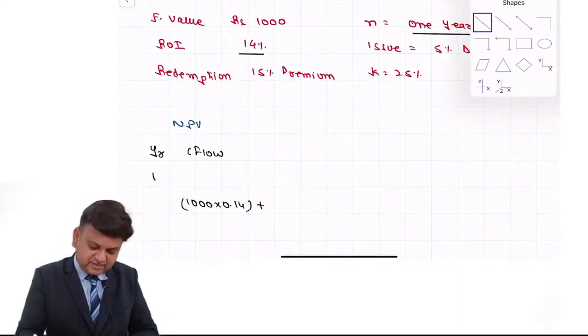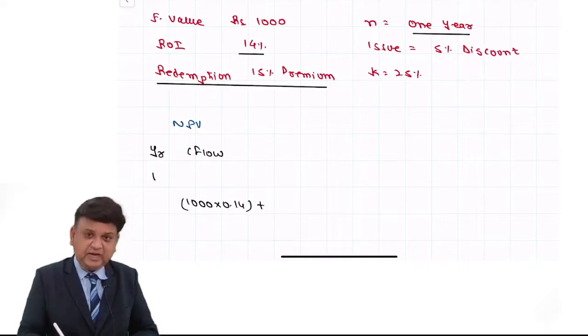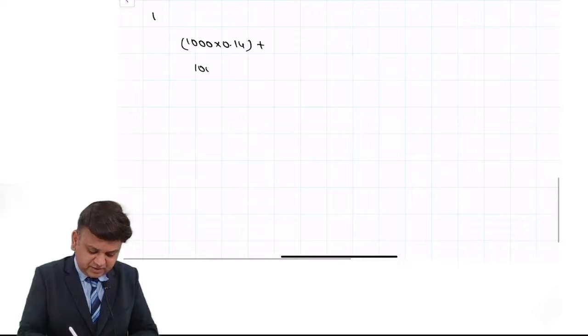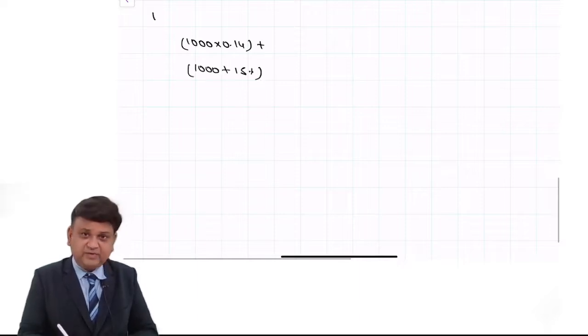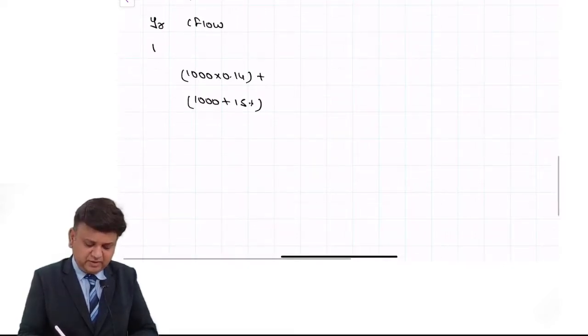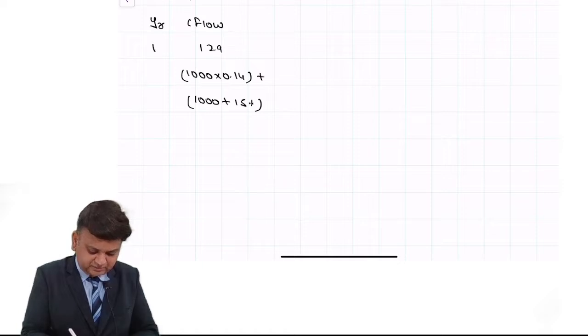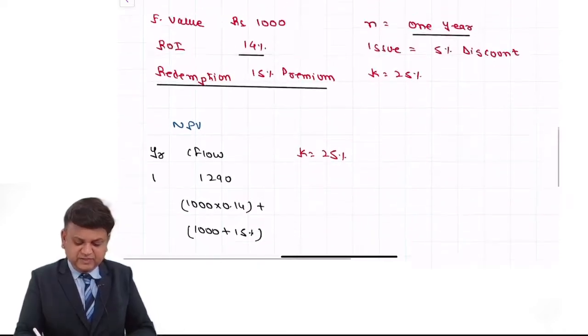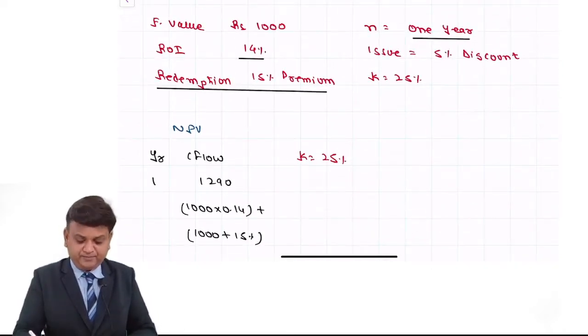It has been given that the security is going to be redeemed at 15% premium. So it is 1000 plus 15%, that comes to 1150. So 1150 plus 140 comes to 1290.